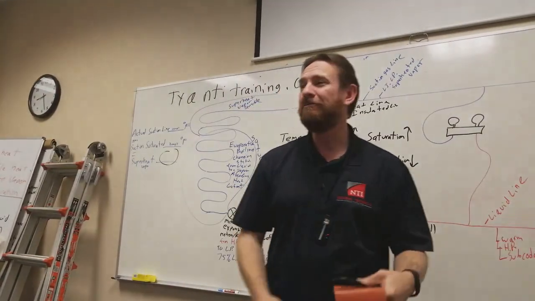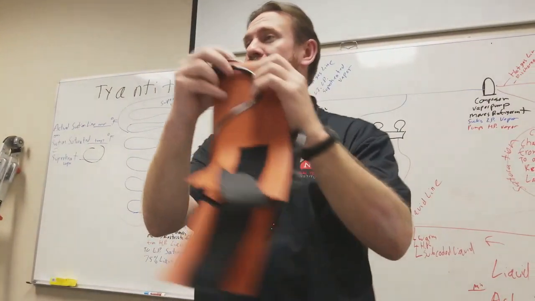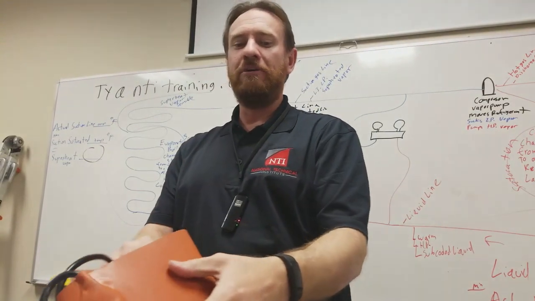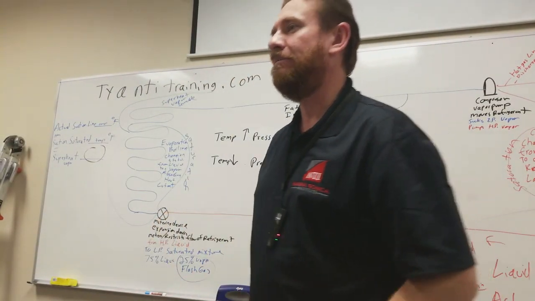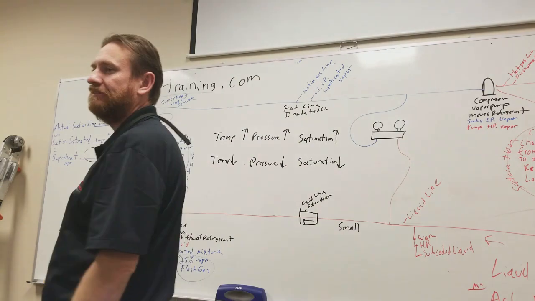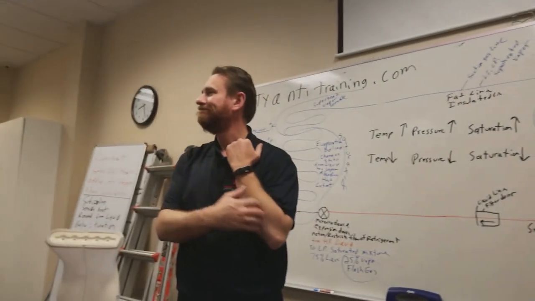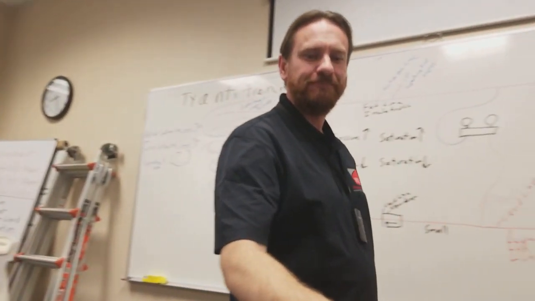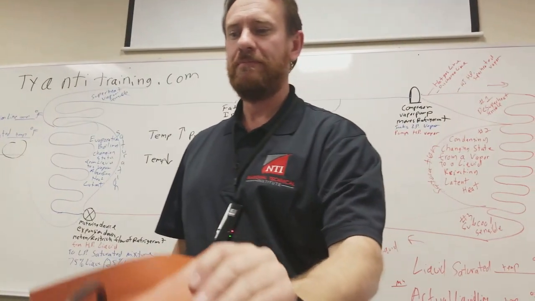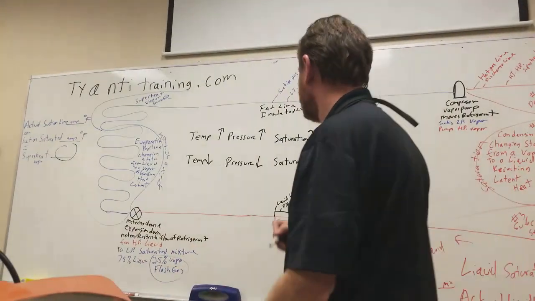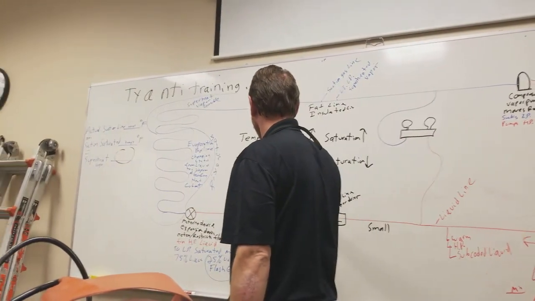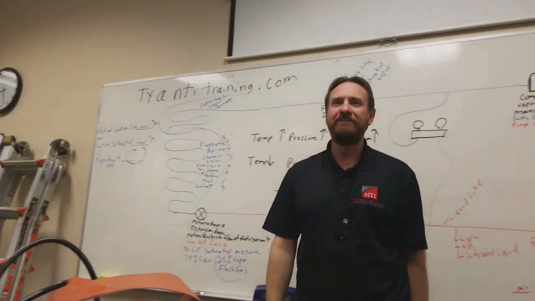But propane is a refrigerant because it changes from a liquid to vapor. Somebody want to Google what the boiling point of propane is? Propane has a boiling point of minus 43.6 degrees Fahrenheit.